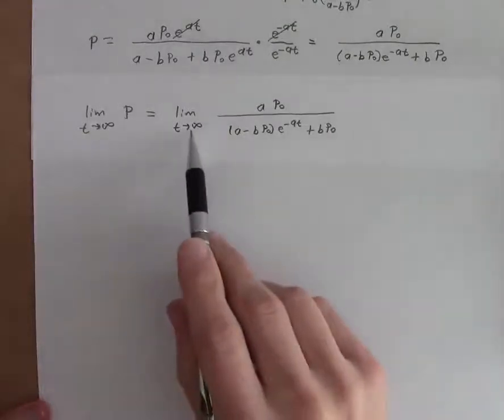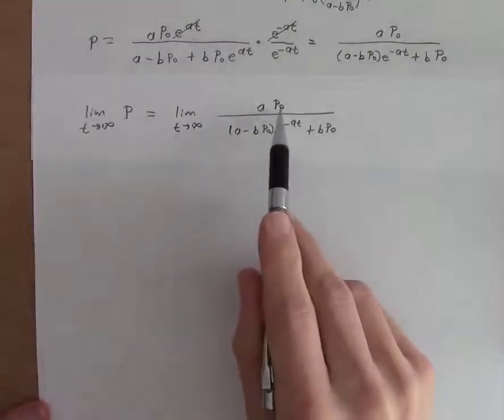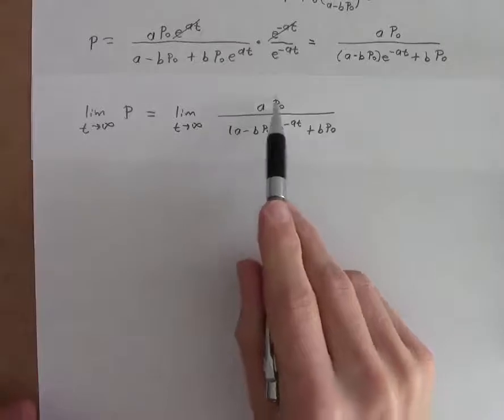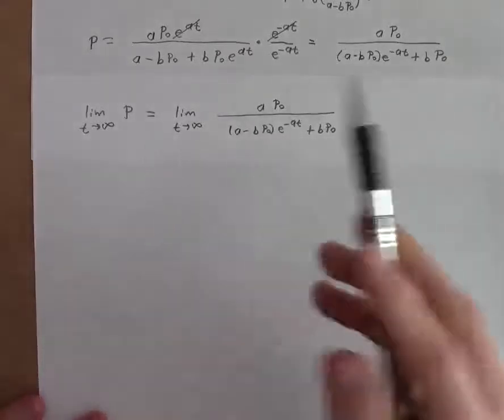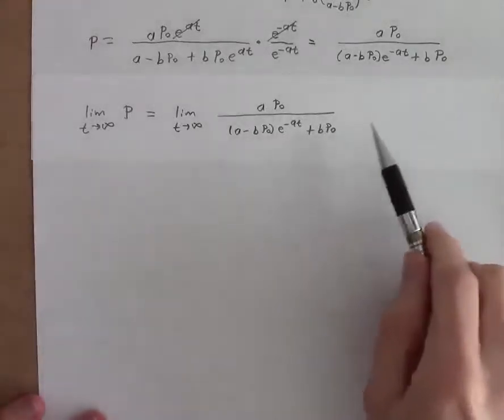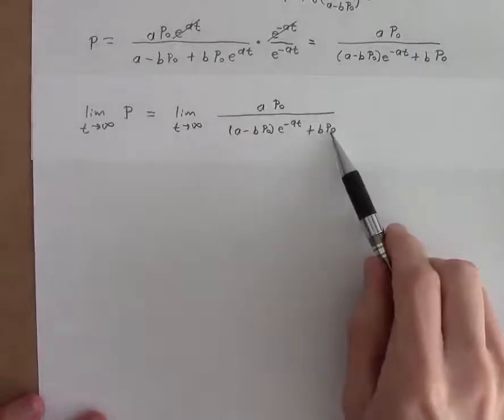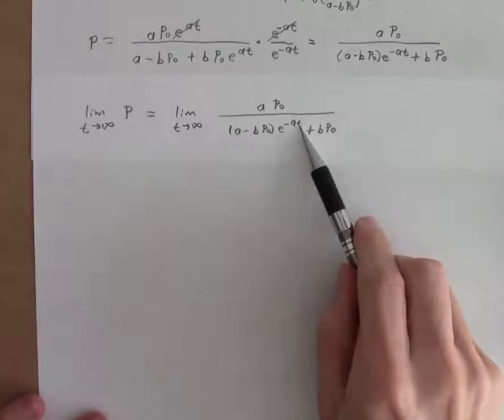All right, so t goes to infinity. Well, a is a constant and p0 is a constant, so nothing happens up here. And down below we have some more constants. b and p0 are constants.